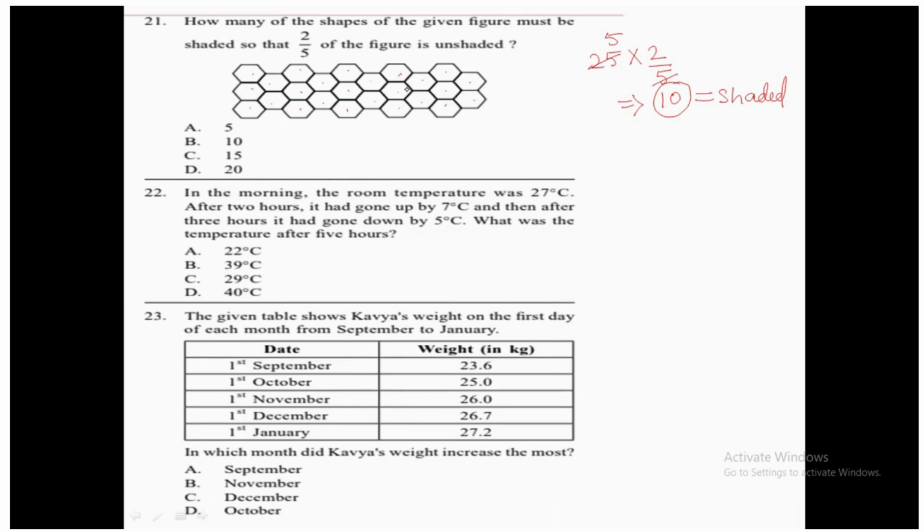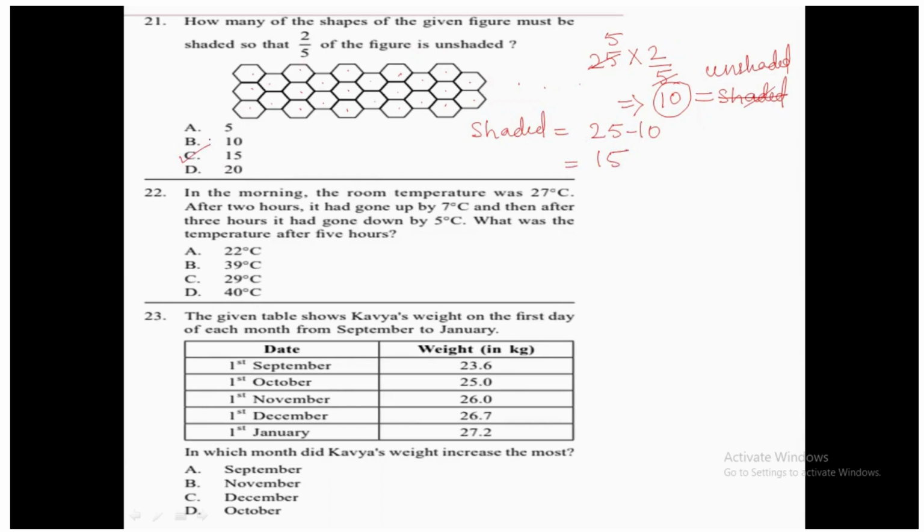The question is asking how many parts I should shade so that my fraction becomes 2 by 5 unshaded. So the unshaded parts are 10. The number of shaded parts will be 25 minus 10, which equals 15. So my correct answer will be option C, 15.